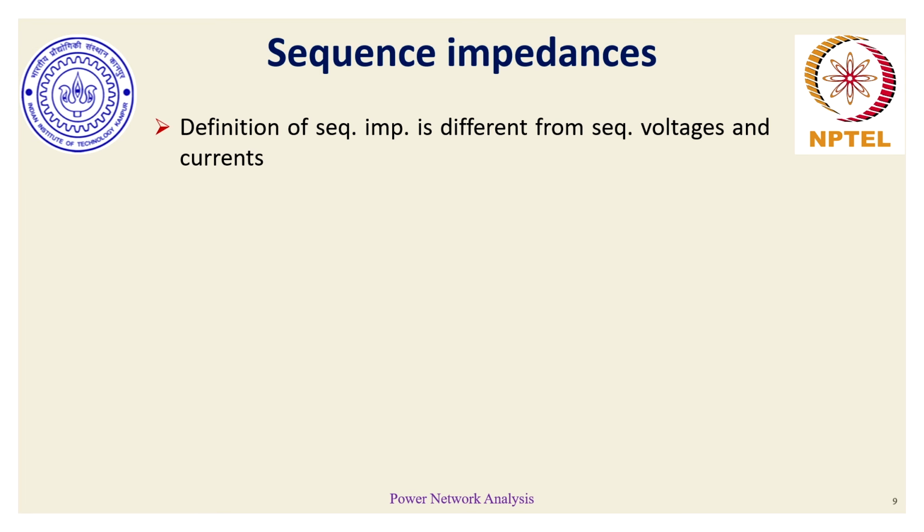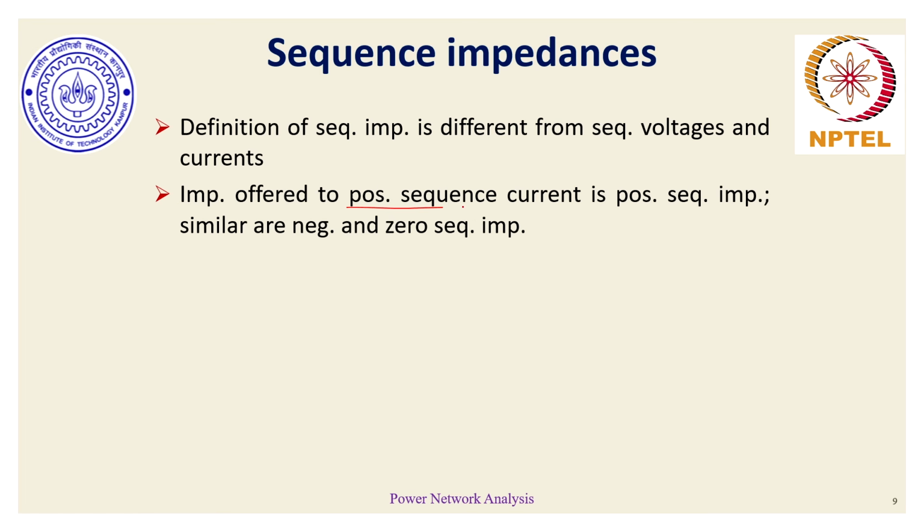The way sequence components are extracted from three-phase voltages or currents, the same way of extraction won't hold true for impedances. It is just that the impedance offered to positive sequence current is called positive sequence impedance. The impedance experienced by negative sequence current is called negative sequence impedance, and similarly zero sequence impedance.